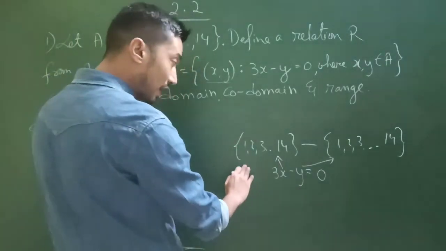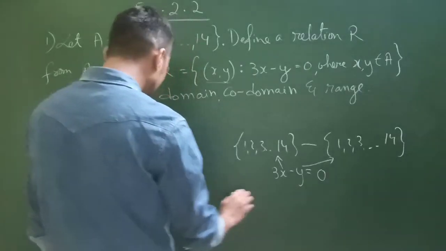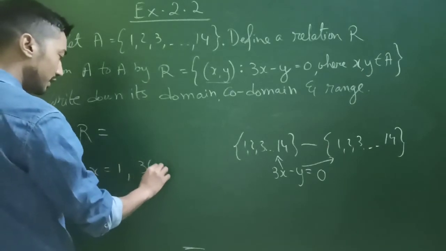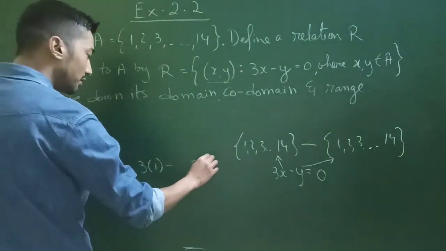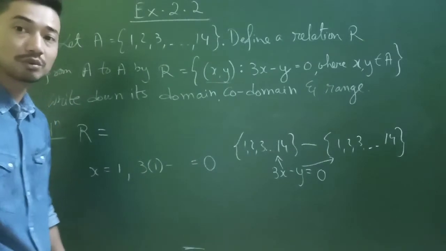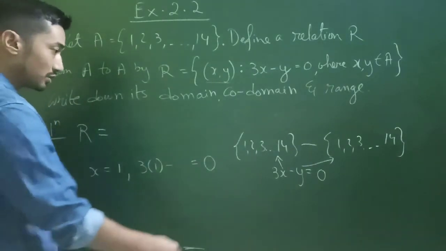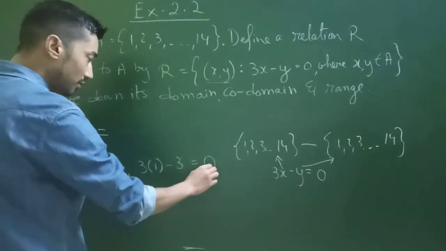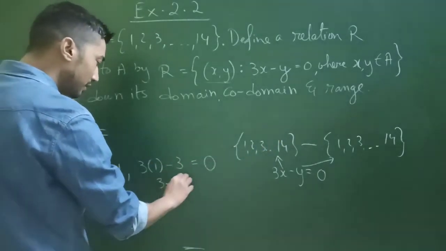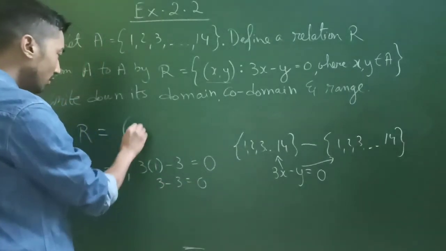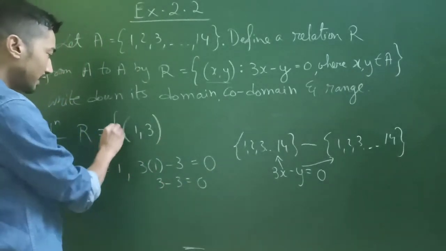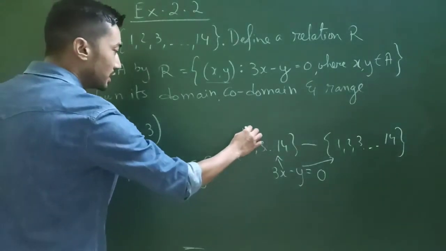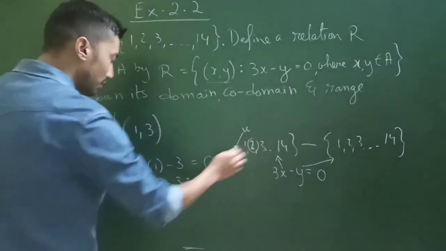Suppose x is 1. Then 3 into 1 minus y should be 0, so y from the second set will be 3, since 3 ones are 3, and 3 minus 3 is 0. So the ordered pair is (1, 3). Suppose x equal to 2.